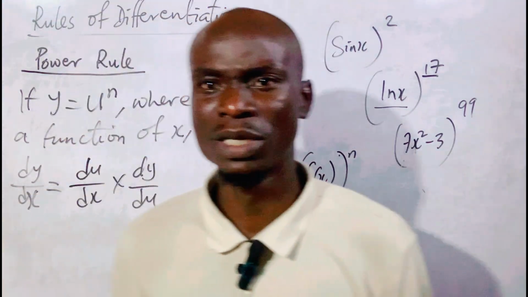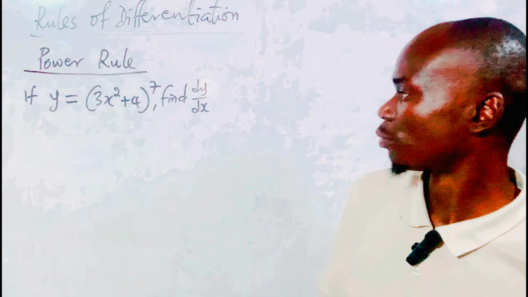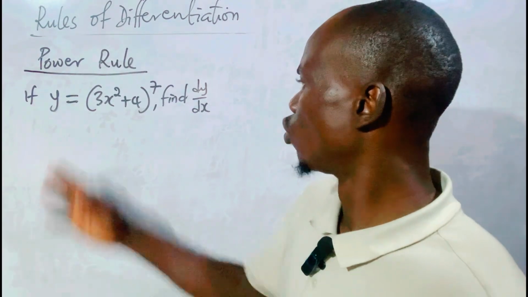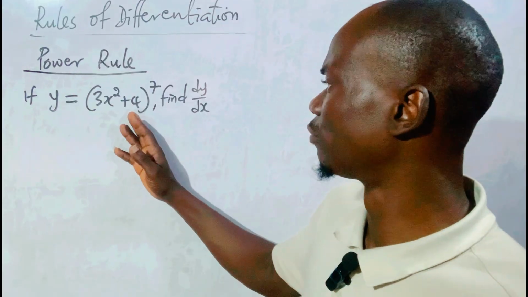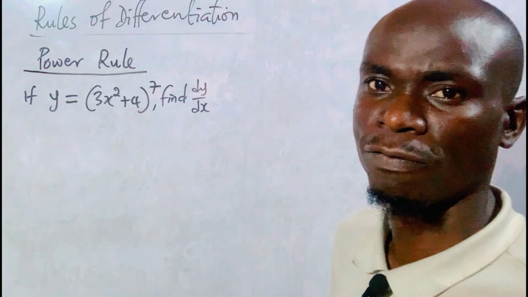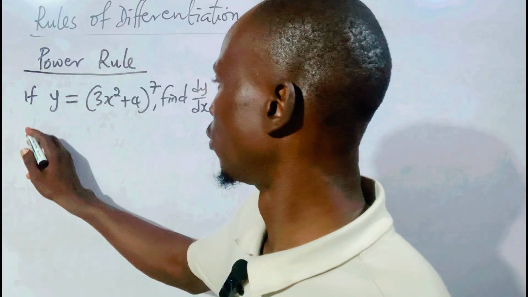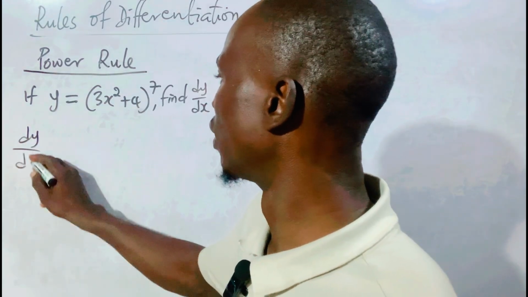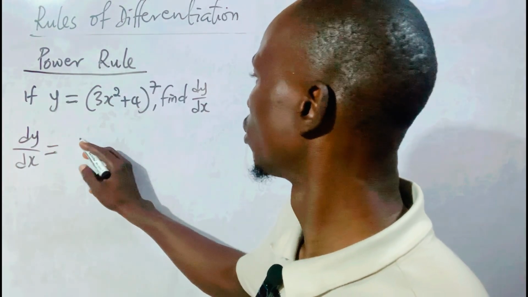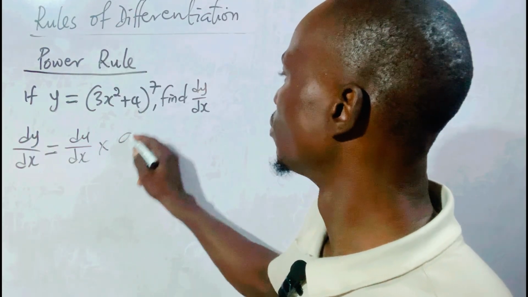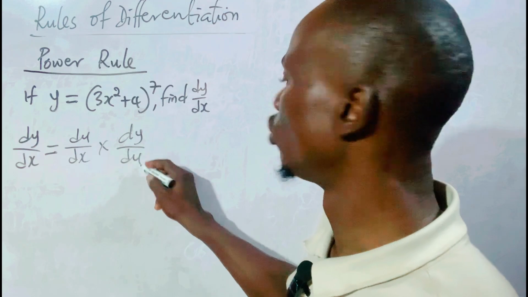So let's look at some examples. This is the first problem we'll be looking at under power rule. We are given y equal to 3x squared plus 4 all raised by 7, to find dy dx. So as usual, the formula says dy over dx is equal to du over dx times dy over du.